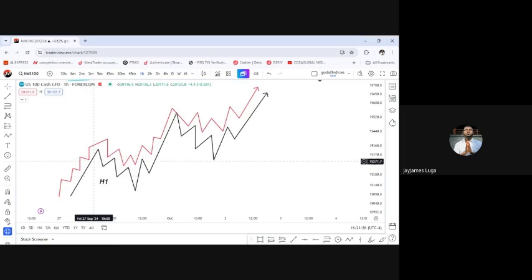In this movement, if you go to a lower time frame, the structure of price will give us the red line, the smaller time frame. Let's call the red line the 15 minutes time frame, the M15.